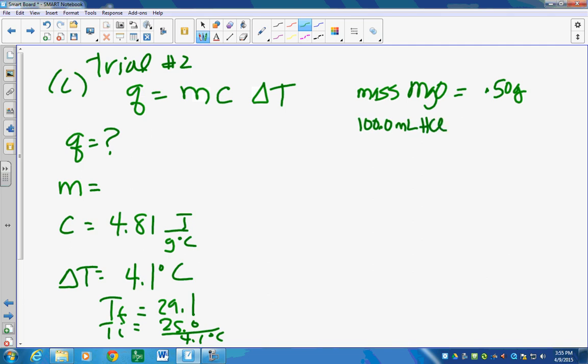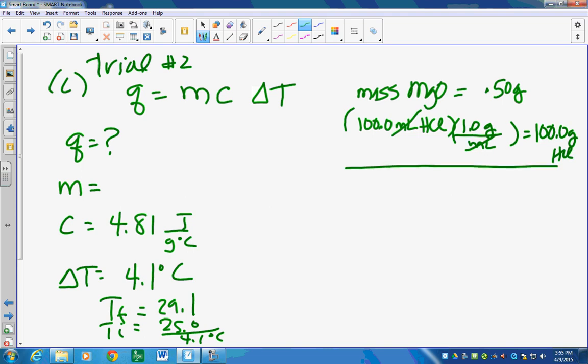That's not a mass, but they told you that the density of HCl is 1 gram per milliliter. So if you have 100 milliliters of HCl and the density is 1 gram per milliliter, milliliters cancels with milliliters, and you have 100 grams of HCl.